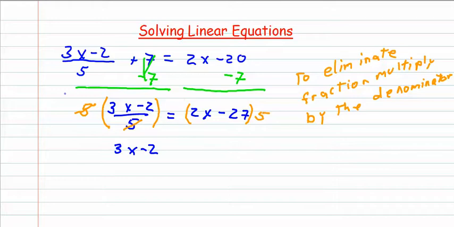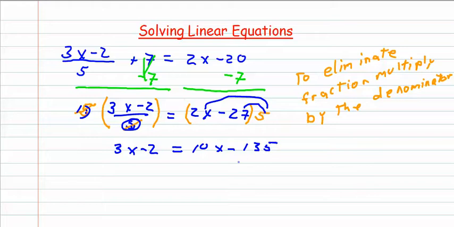When I multiply by the denominator, it cancels the denominator, which is our whole goal here. We want these to cancel. And then we have to distribute this. 5 times 2, 10x, minus 5 times 27 is 135.